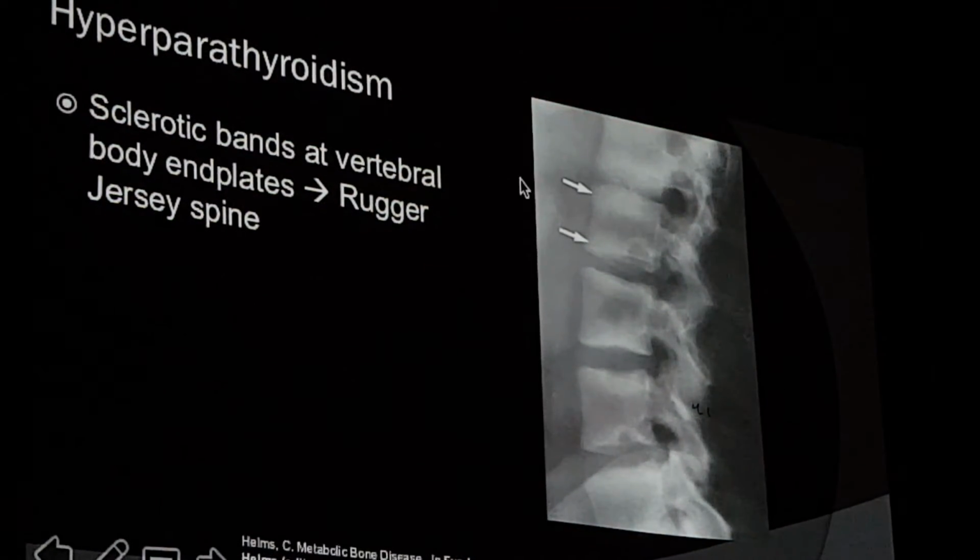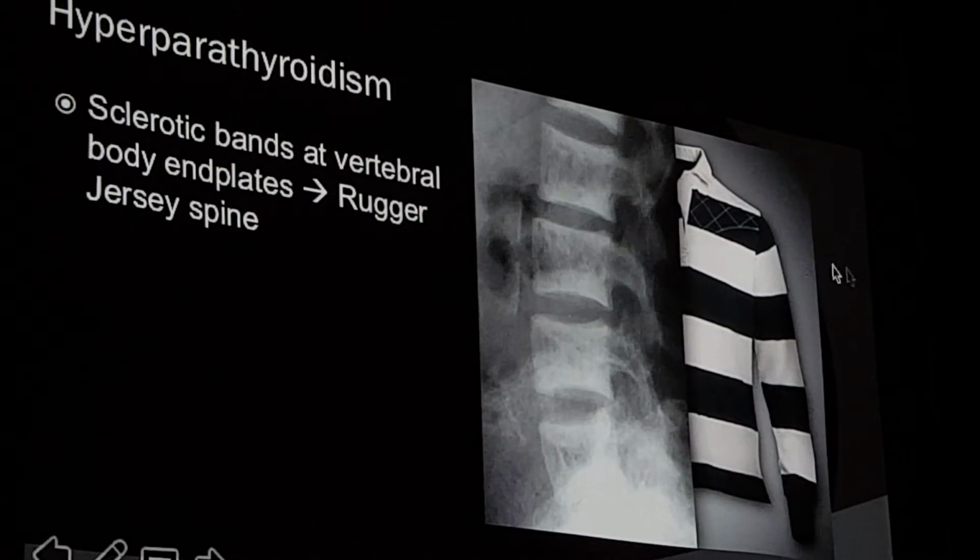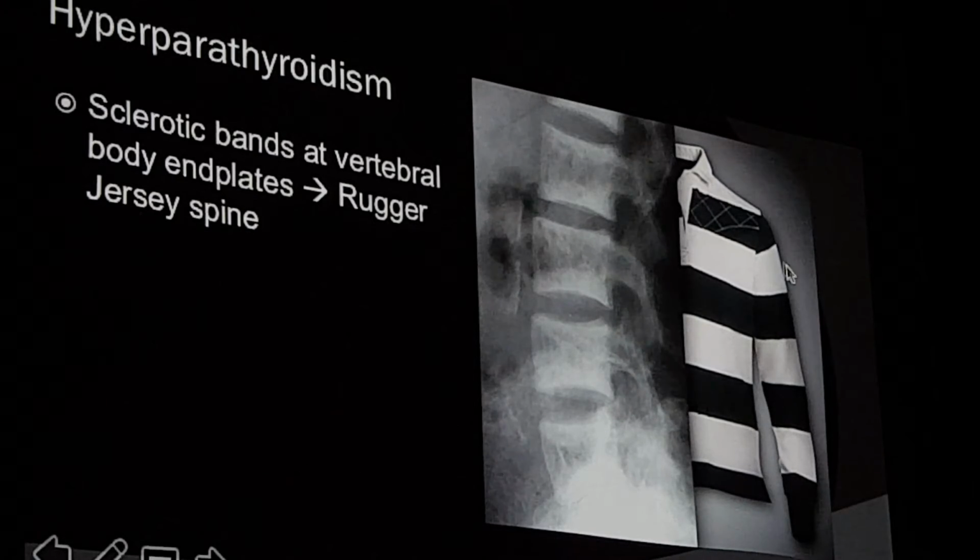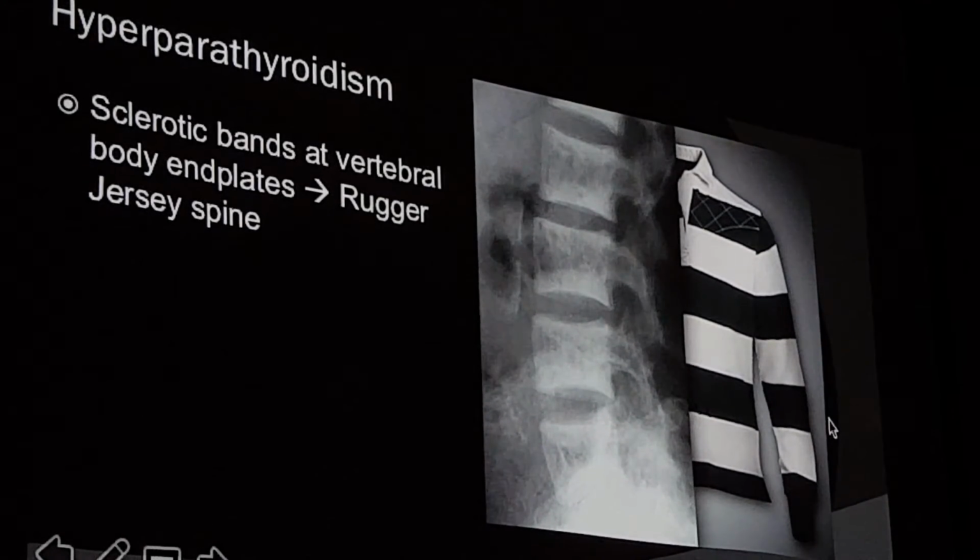Sometimes you can see sclerotic bands at the vertebral end plates. So it's what we call the rubber jersey spine because they are similar in appearance to the jersey used in rugby.